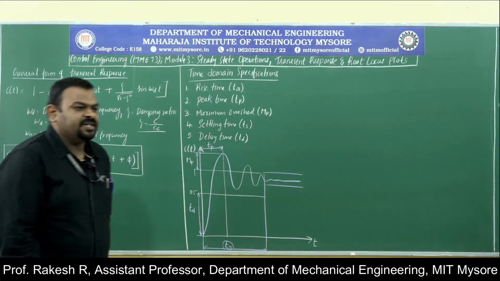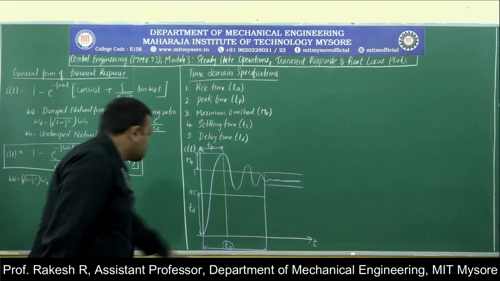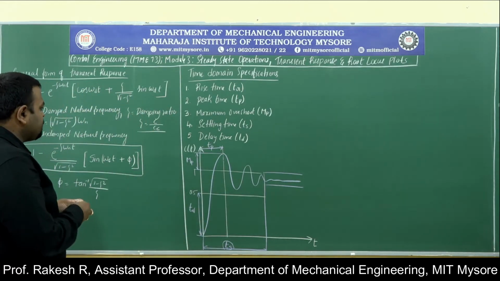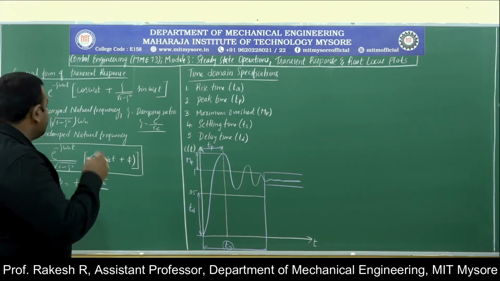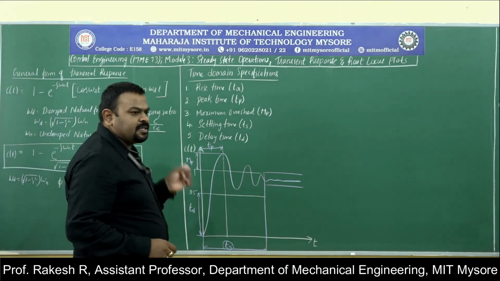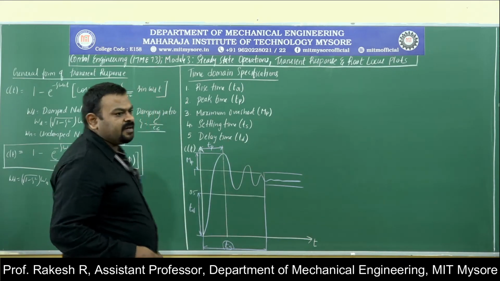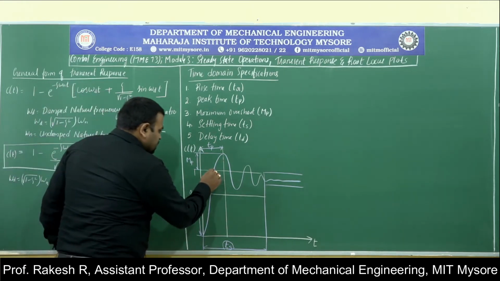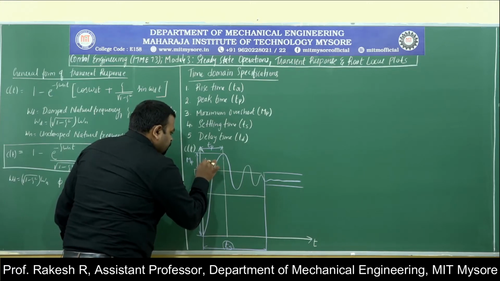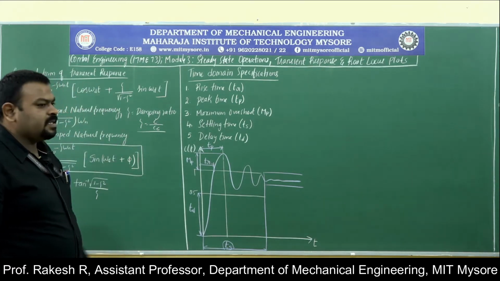It is the percentage of maximum overshoot. Then this is the settling time. Another one is rise time. Rise time is the time in which the response of the system reaches 0 to 100%, or 5 to 95%, or 10 to 90%. That is rise time, which is up to here. So these are the different time domain specifications of the system.